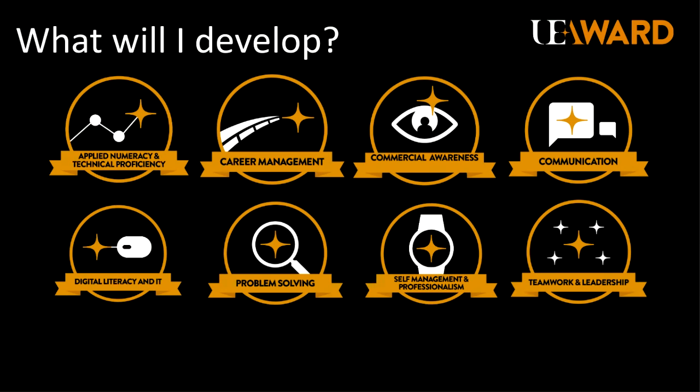And these were the 8 attributes that they said they are looking for in prospective employees. Some of them are very generic and very obvious, so things like problem solving, communication, but what they're looking for is for you to be specific and give specific examples.